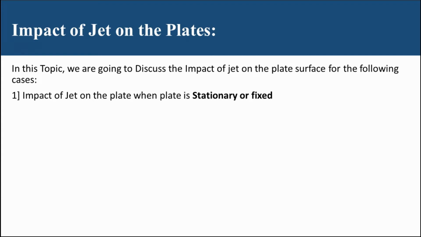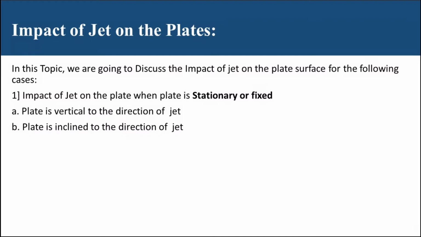In this case there are a number of sub cases. First, the plate is a vertical flat plate. Second, the plate is not exactly vertical but is inclined at some angle theta to the direction of the jet. The third case is a curved plate.